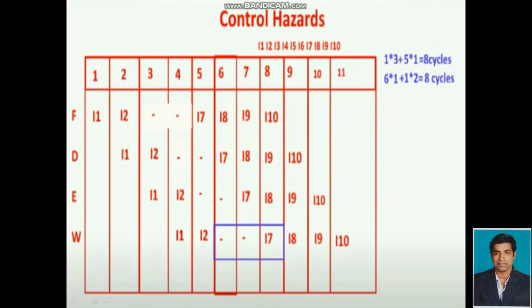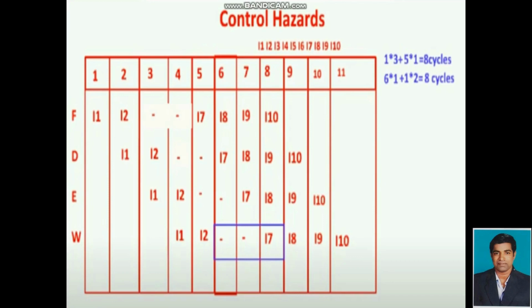So instruction 1, instruction 2, then due to branching we are directly going to instruction 7, but it takes some time for comparing and branch prediction. So in the 3rd and 4th cycles we require some time, branch taken, due to that we are jumping to instruction 7. Instead, instructions 3, 4, 5 and 6, 4 instructions are skipped.